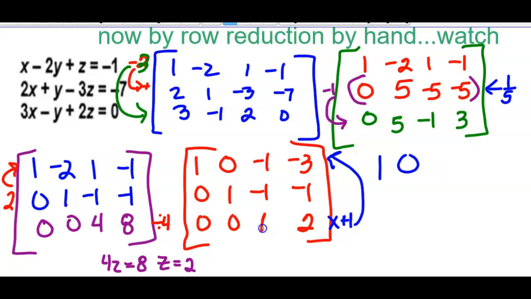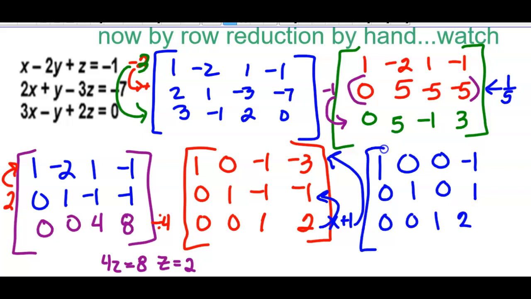Positive 1, so 1 and negative 1 is 0, and 2 and negative 3 is negative 1. And then I'm going to add this one to this guy. So 0 plus 0 is 0, 0 plus 1 is 1, 1 and negative 1 is 0, 2 and negative 1 is 1, and I'm going to leave the last one.